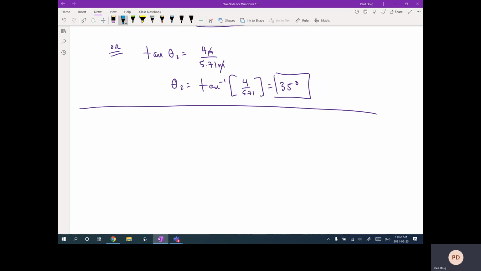And say I do any line. So say I do a line like this, and maybe someone applied a force in this direction, and it makes an angle with the flat horizontal of theta.